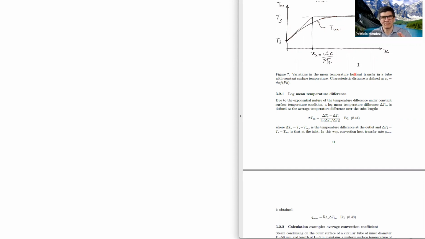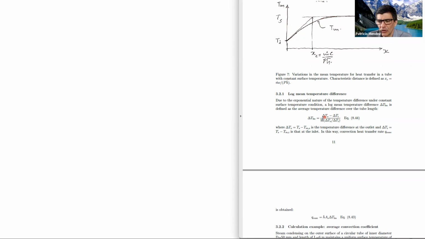And it tells you that you can say heat transfer is H delta T. When delta T, which is changing, you use the delta T log mean, which you might have already seen in some other classes. And the delta T log mean comes from doing the integral of heat transfer as the temperature of the fluid is changing. And this would also apply in a heat exchanger when the temperature of both fluids are changing.